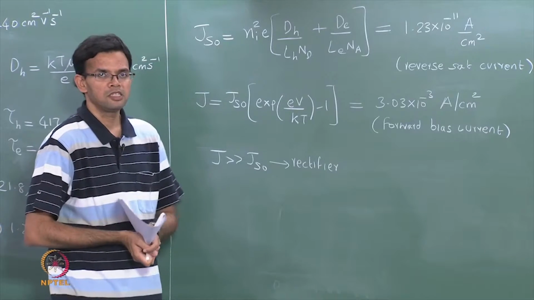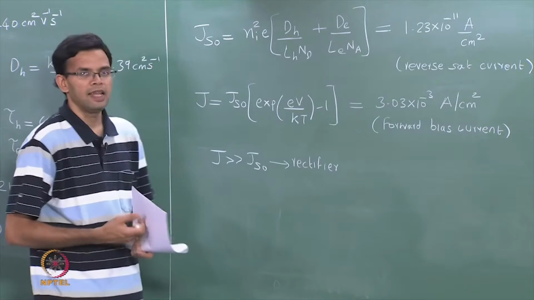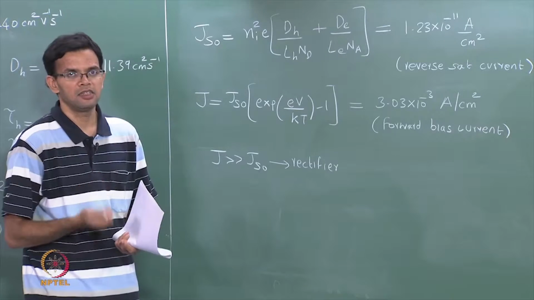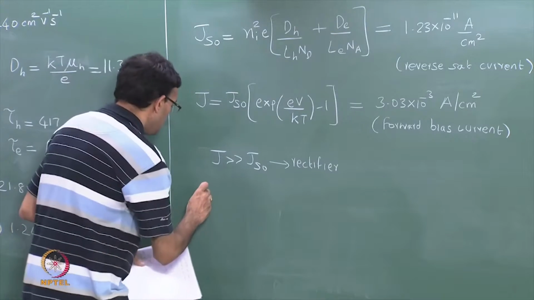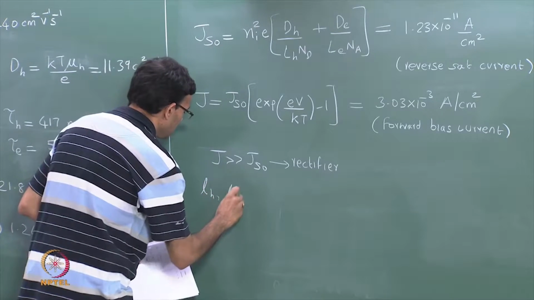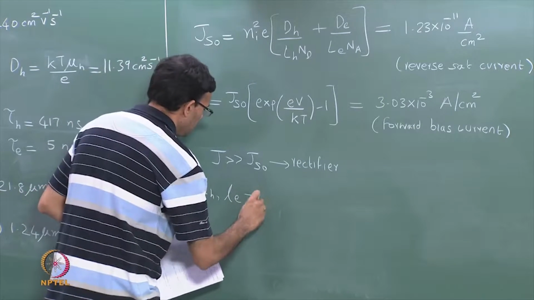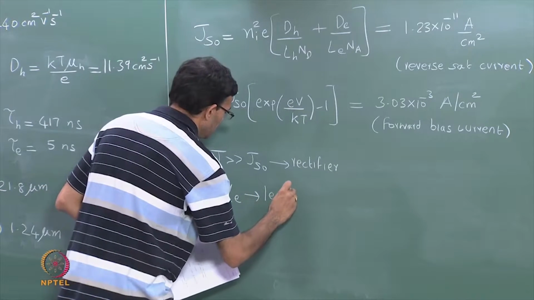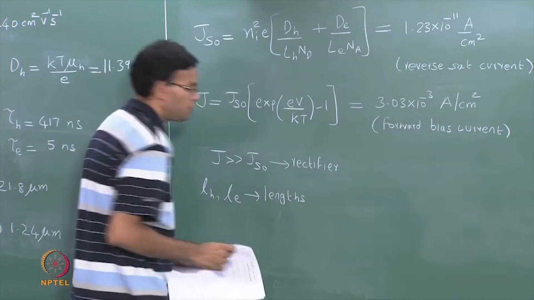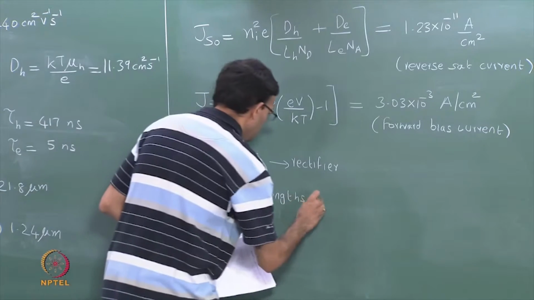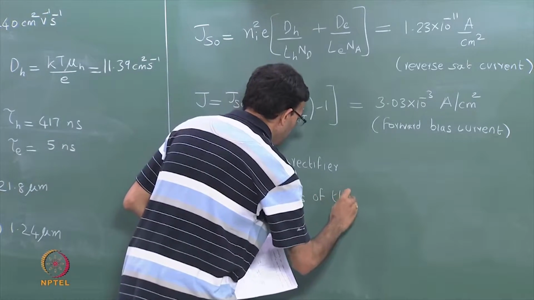In these calculations, we have assumed that the length of the device is larger than the diffusion length. So, let LH and LE be the lengths. So, this refers to the physical lengths of the p and n side.